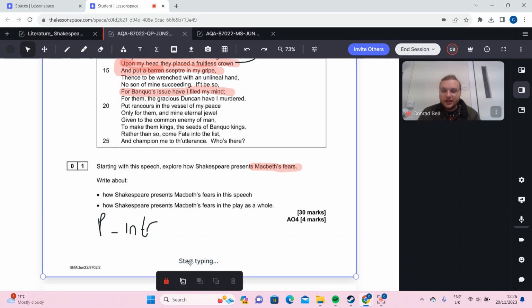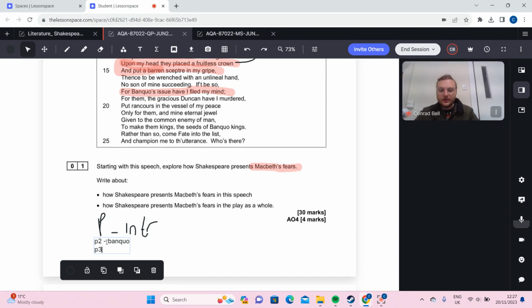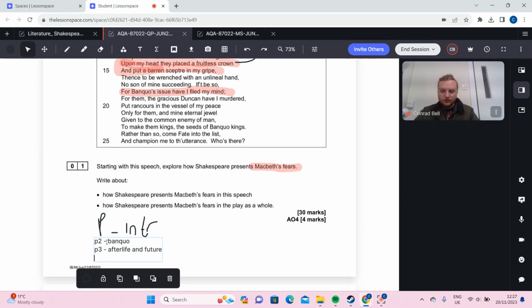So we put P1 introduction, and then we'd have P2 would be our first point, which can be about Banquo, and then we can have our P3 being about afterlife and future. And then P4 can be about killing Duncan. And then we've got the P5 for the conclusion.